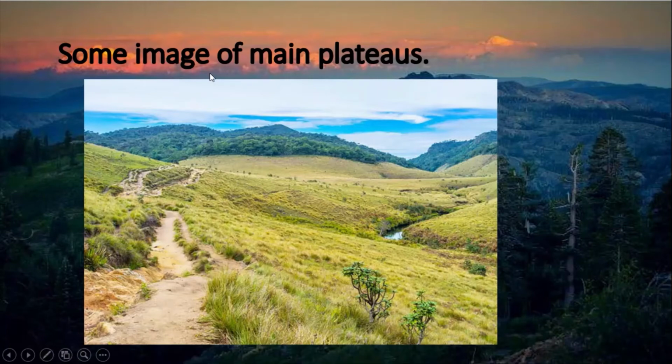Here you can see a picture of the Horton Plains Plateau. Look at the picture. You can see a flat land area in a highland. Now, I think you may have a clear picture about plateaus.